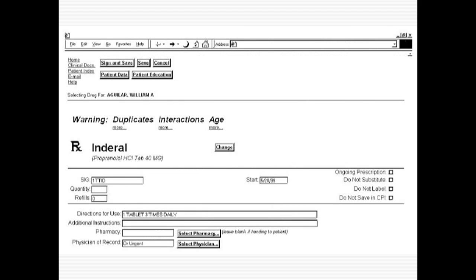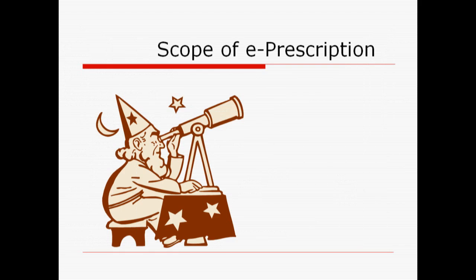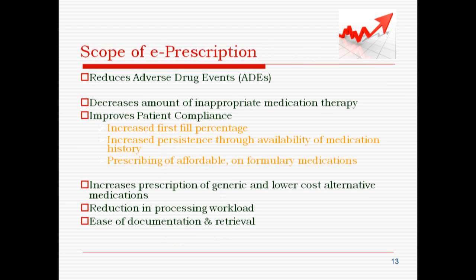This is another example of how it will look. Now, moving forward to the scopes of electronic prescription in the future. It will reduce adverse drug events. How? Because there are minimized chances of errors. So adverse drug events which may result from improper prescription can be avoided.